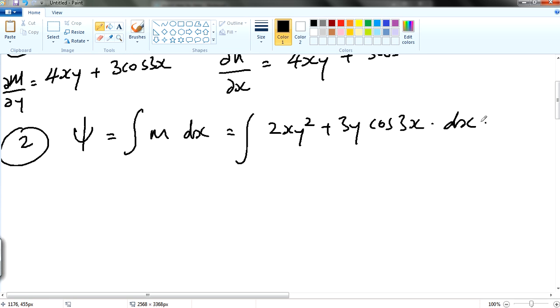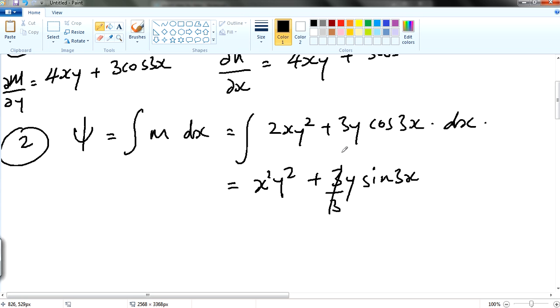If I integrate with respect to x, it will be x squared y squared plus, for cosine, if you integrate it should be sine, so it's sine 3x multiplied by 1/3.